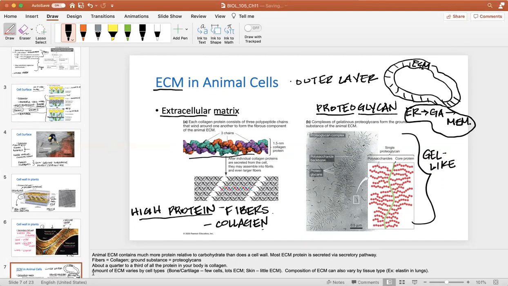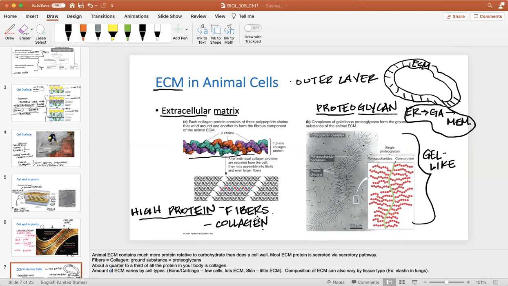And the last thing I want to note is that the amount of extracellular matrix depends on the type of cell you're talking about. So for example, if we're talking about human beings, bone and cartilage tissues have very few cells, but lots of extracellular matrix, whereas the skin has very little extracellular matrix, but lots of cells.